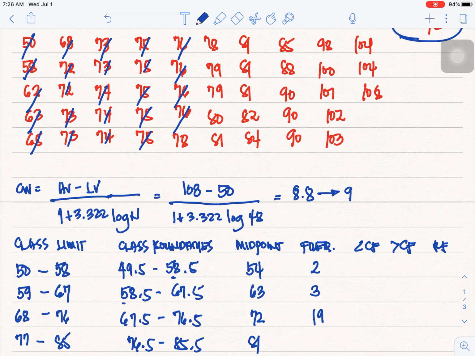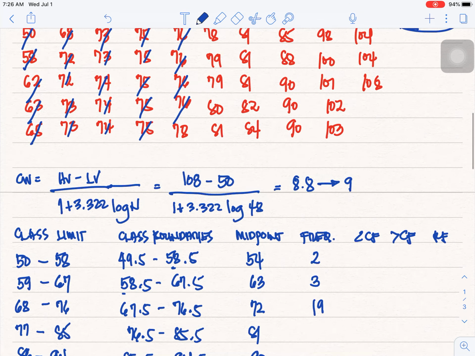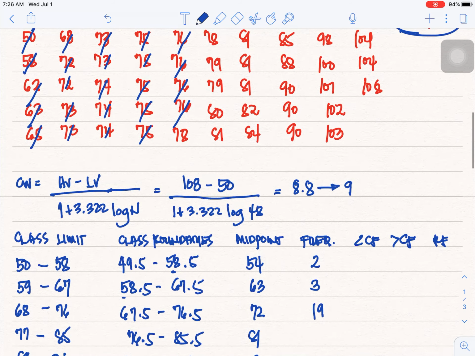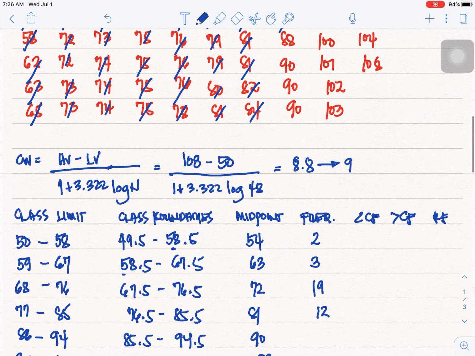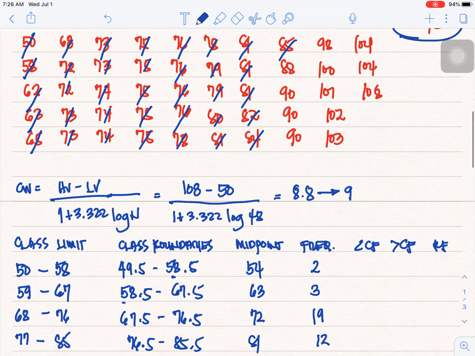Next we have 77 to 85. We have 1, 2, 3, 4, 5, 6, 7, 8, 9, 10, 11, 12. Next is 86 to 94, we have there 1, 2, 3, 4.